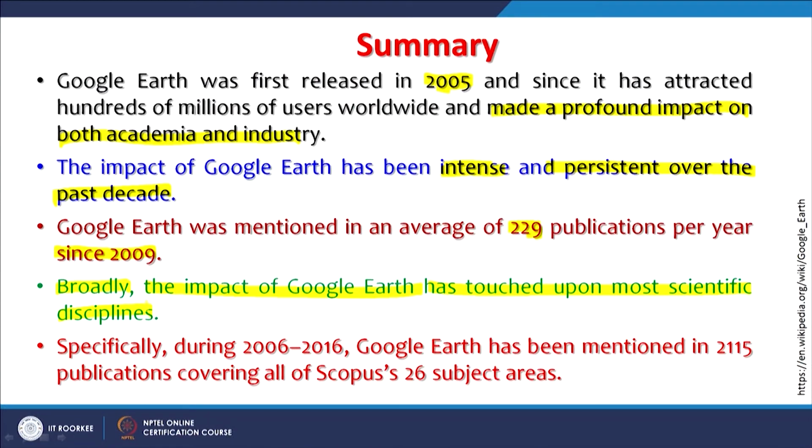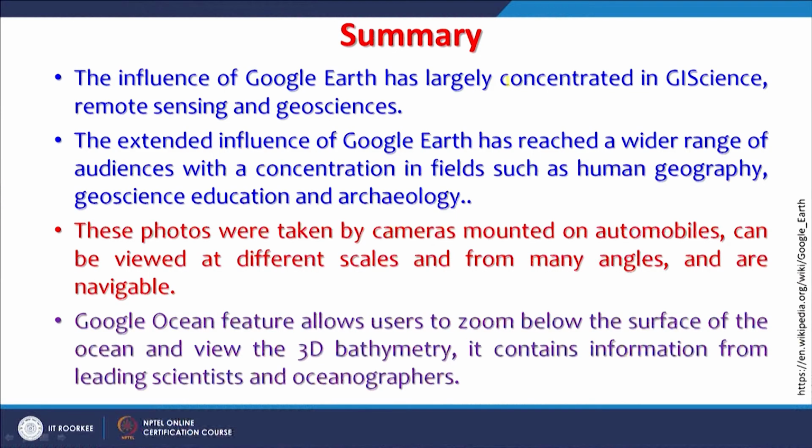So there are a lot of applications of Google Earth. Many new ones will come, because it is getting enriched with data sets, and not only images but 360-degree, 3D and many other layers are getting added into Google Earth. Also, GIS science, as I have said, this is custom designed GIS software.